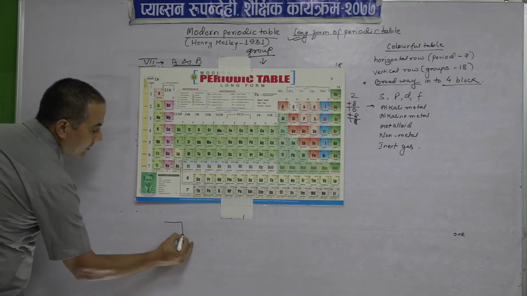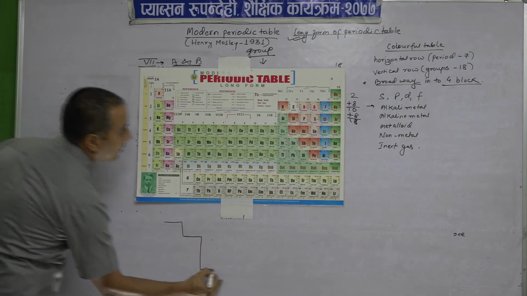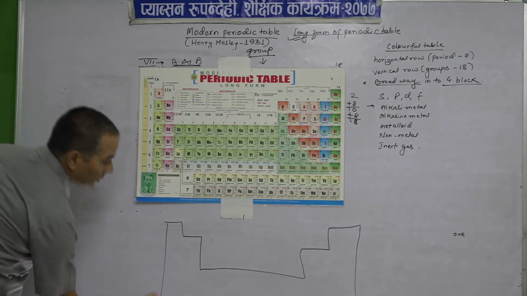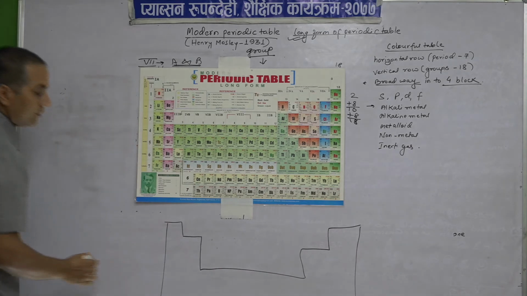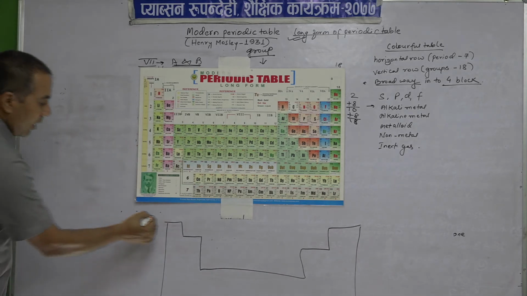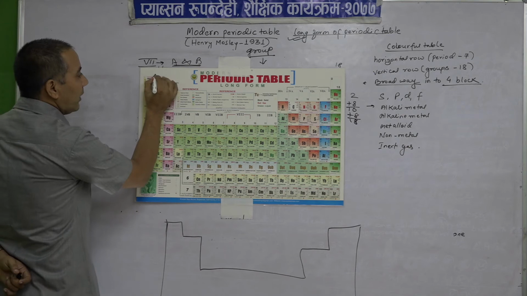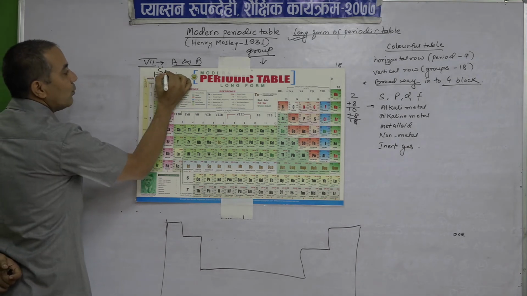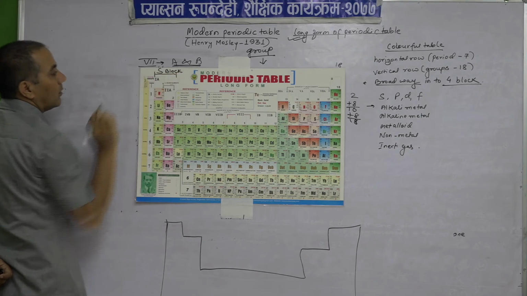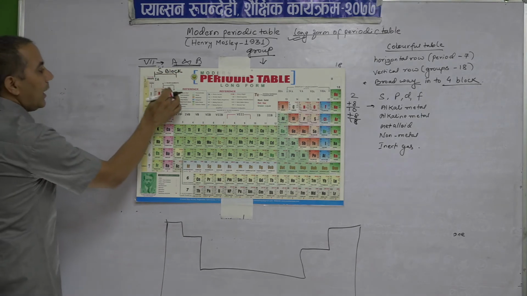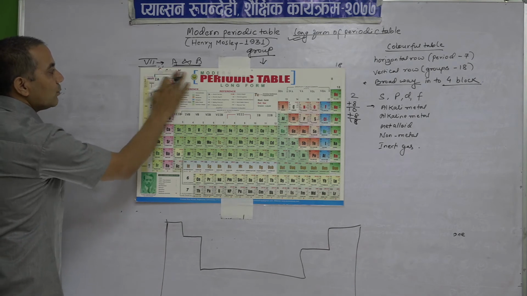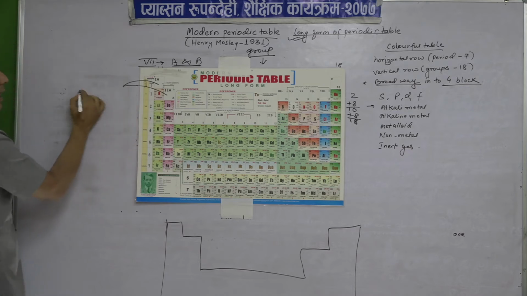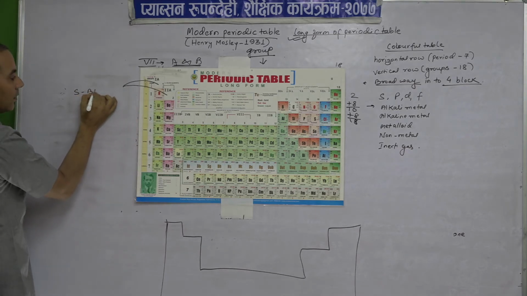So, these tables are like this. We can see here, I am trying to explain about this one. Now, these two blocks are called S block. 1A and 2A are called S block.